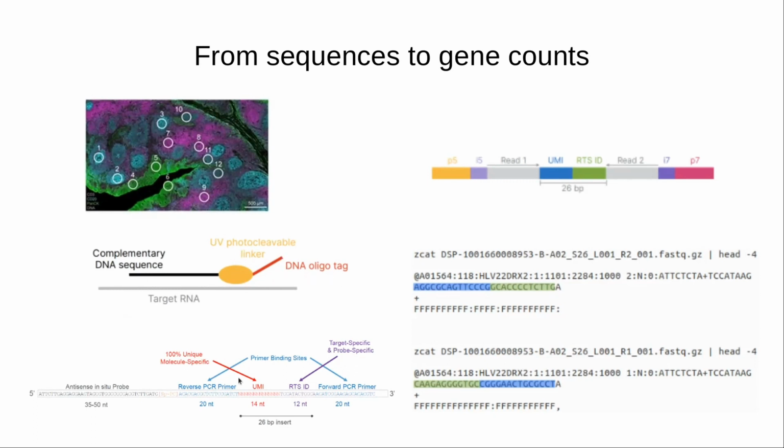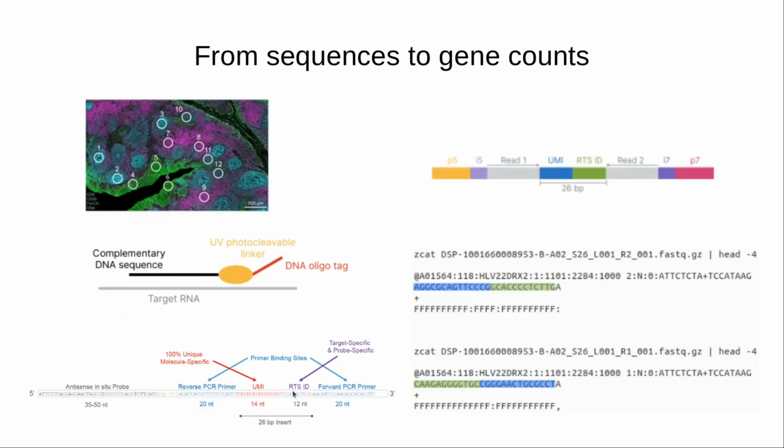This DNA oligotag, or actually the whole sequence here, consists of first an antisense to the target, and then we have the photocleavable linker here, and then you have a reverse PCR primer binding site, and then you have, and this is actually what comes out of the sequencing machine, a 40 nucleotide unique molecular index, and then another index beside it.